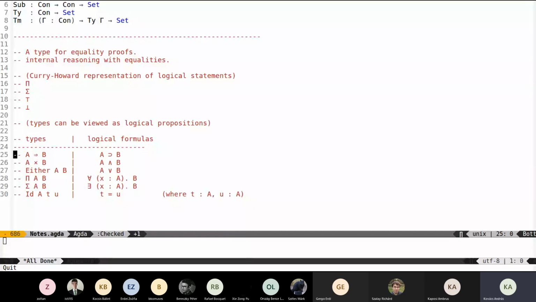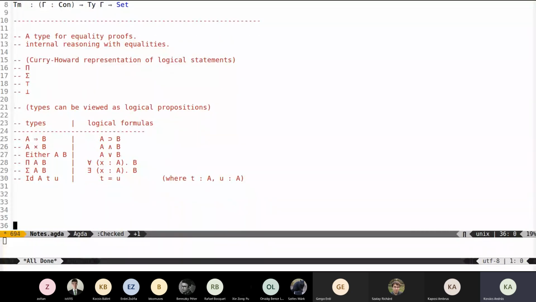So in Coq and Agda, whenever we want to prove a logical statement, we write a type, and the proof will be a term. And now we want to also introduce equality proofs. So there will be ways of constructing equality proofs, and there will be also ways of using equality proofs. But first, let's just start with the type formation.